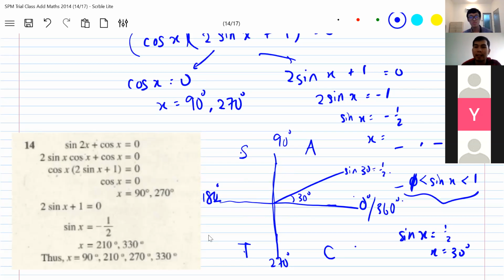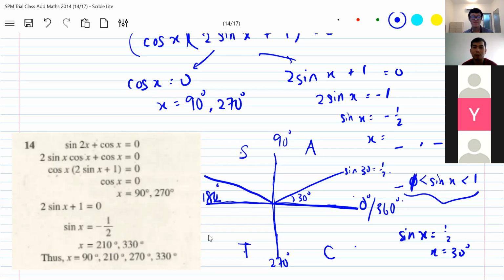But there is another place where the sine of another angle will be positive half as well, which will be in this quadrant. That is where you have to know how to add or minus a degree from the answer you got. For all the angles, you either plus or minus from this horizontal line. It's very important here. It's key to remember this.